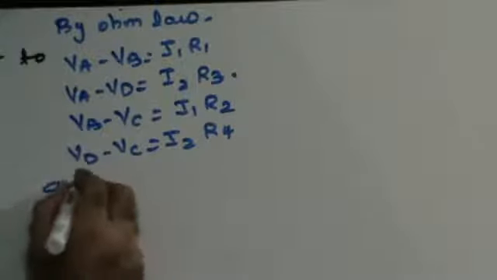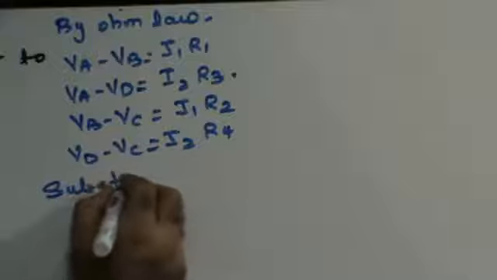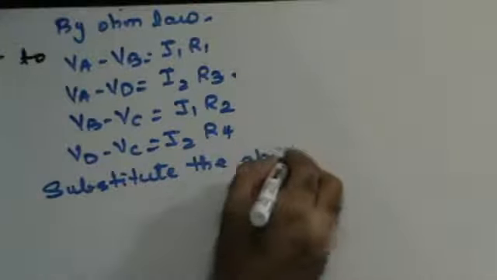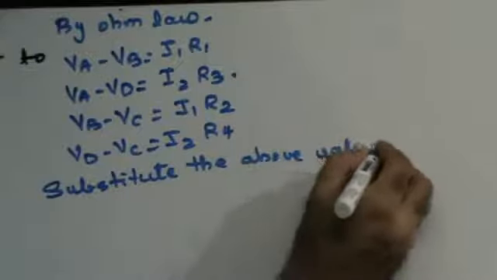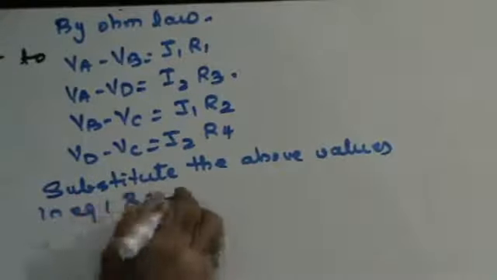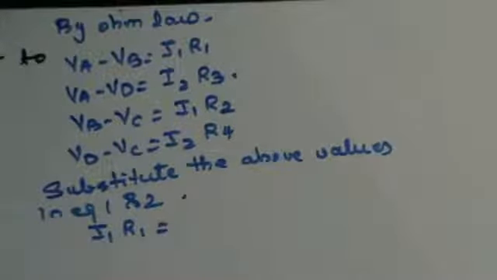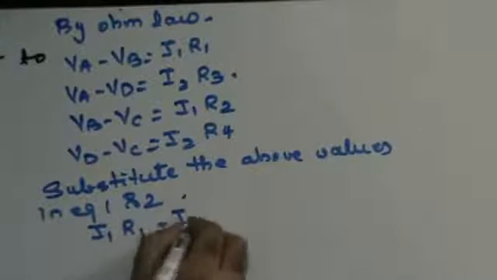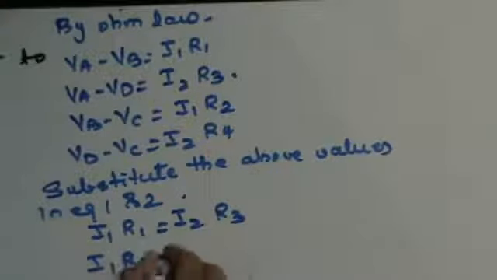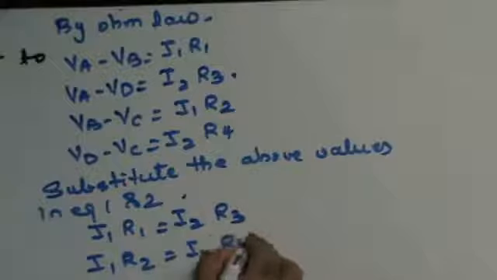Now substitute the above values in equation 1 and 2. So I'll get I1 R1 is equal to I2 R3 and I1 R2 is equal to I2 R4, right?